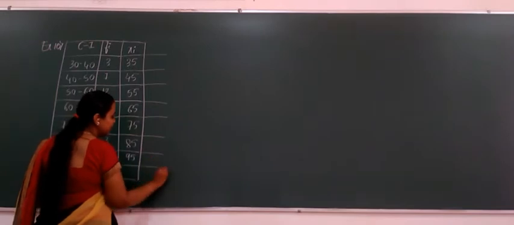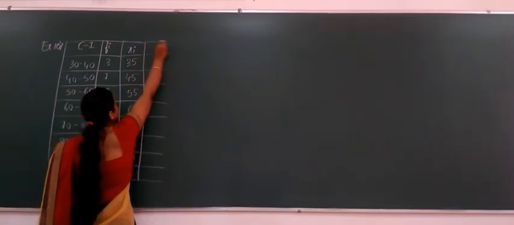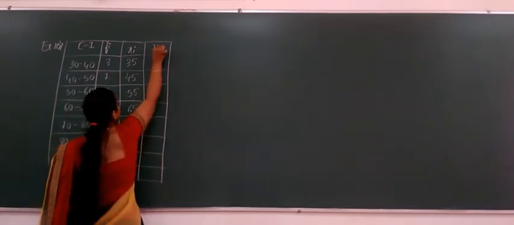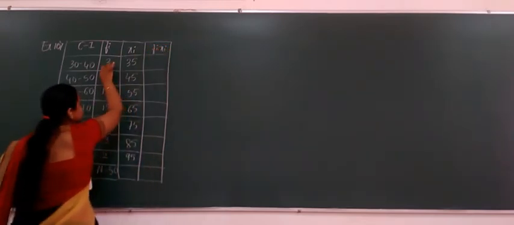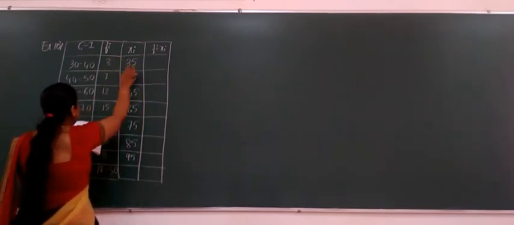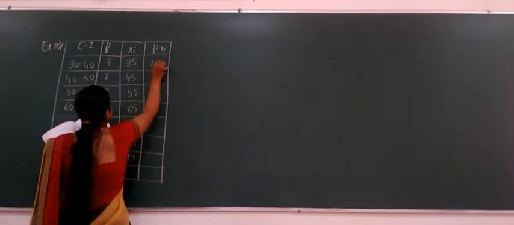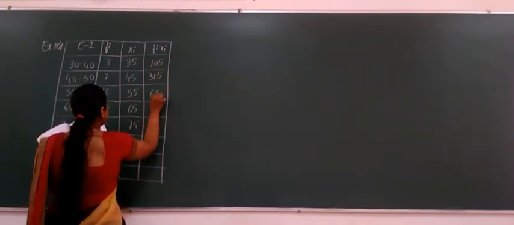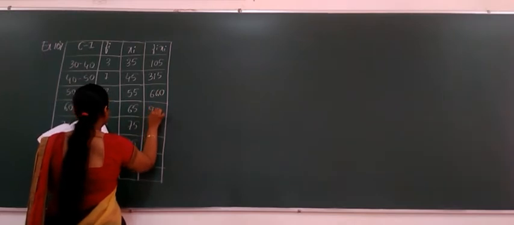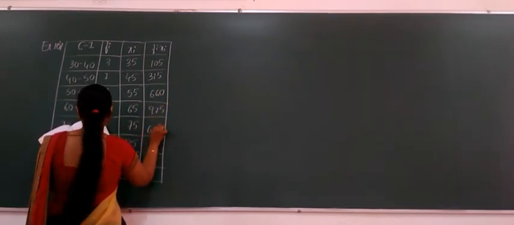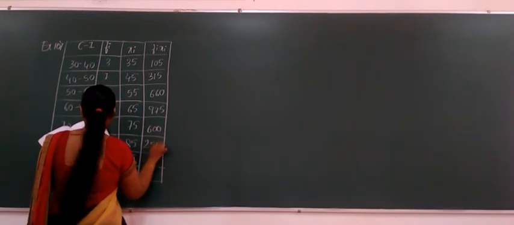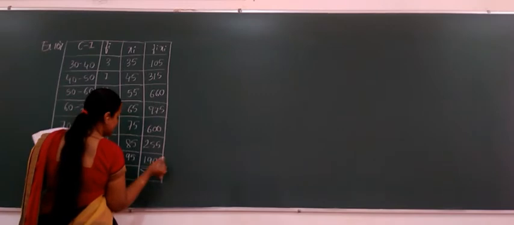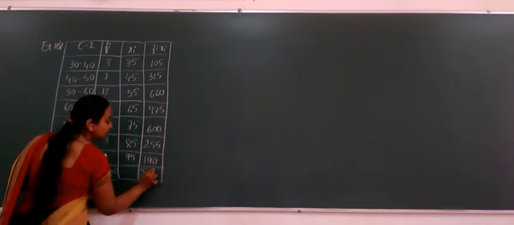Multiply each Fi with Xi. 3 into 35 is 105, 315, 660, 975, 600, 255 and finally 190. The total summation is equal to 3100.